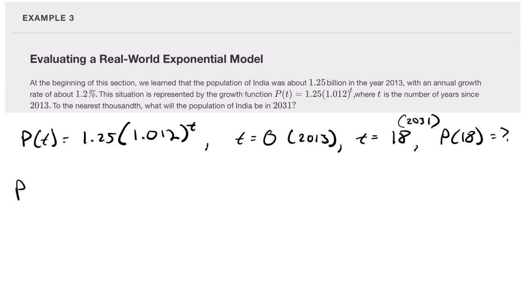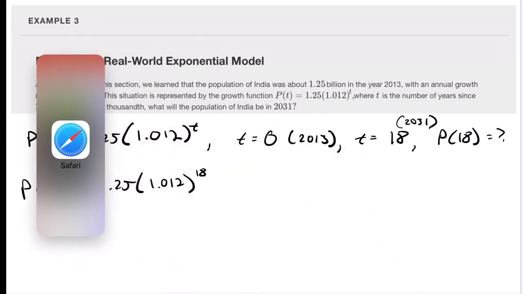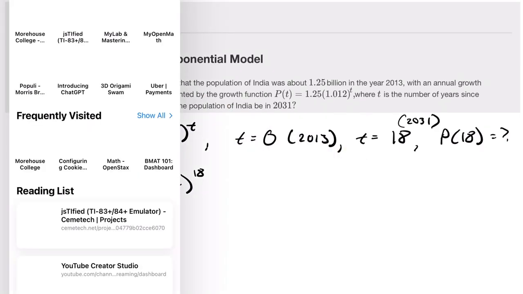So we want to find the population at 18 years later. We have this 1.25 times 1.012 to the power of 18. I'm just going to use my calculator.